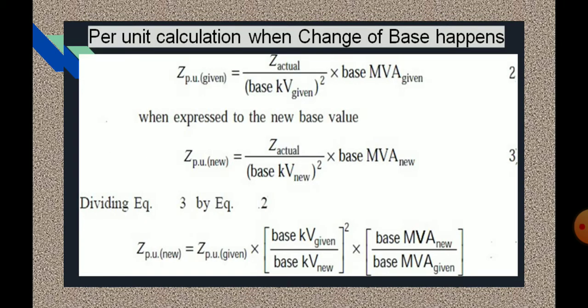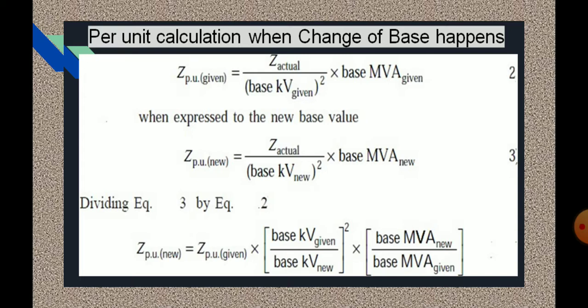Here, given means the value given in the problem. When expressed to the new base, we have to find Z per unit new, where the previous formula's given values should be replaced by the new values.